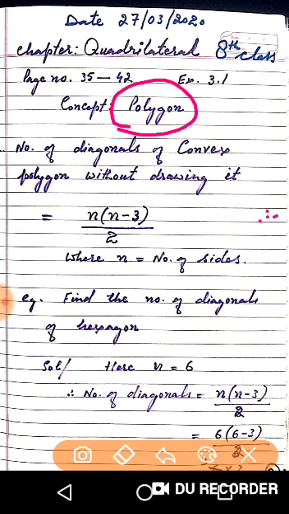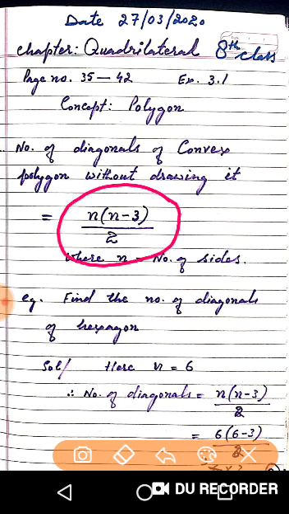One formula among them is this. If you want to find the number of diagonals of a polygon without drawing them, you can use this formula. When you draw a polygon, it is easy to find its diagonals.